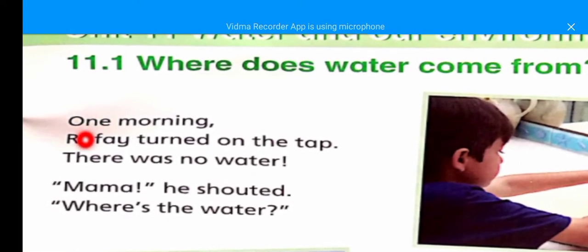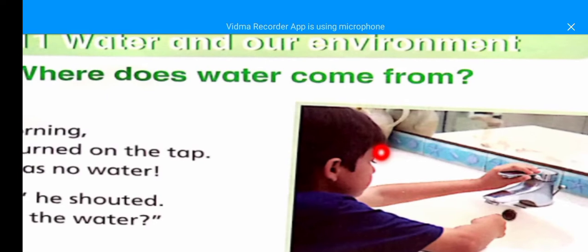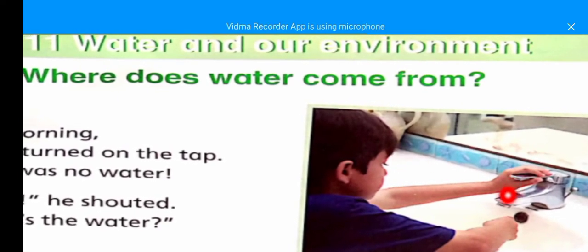One morning, Rafe turned on the tap. There was no water. Mama, he shouted, where's the water? Here you can see in the picture that Rafe is trying to wash his hands, but there is no water in the tap.